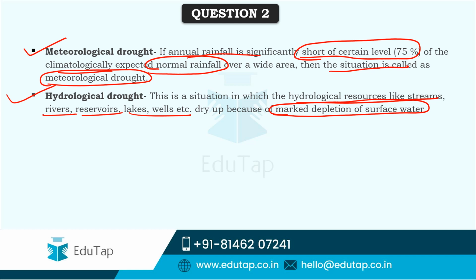And there is one more type of drought also, socio-economic drought, wherein the non-availability of water causes so much loss that people's lives get disturbed, their socio-economic condition also gets disturbed. So based on the type of drought, how it is measured, and the type of effect it shows on people, it can be classified into these various types.